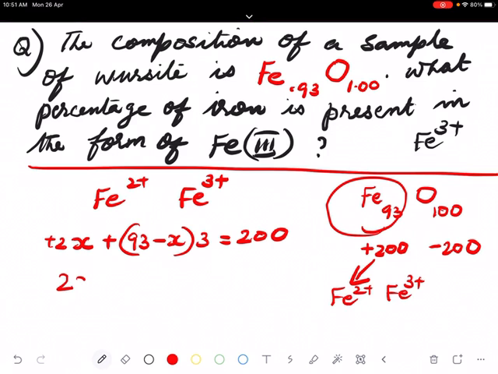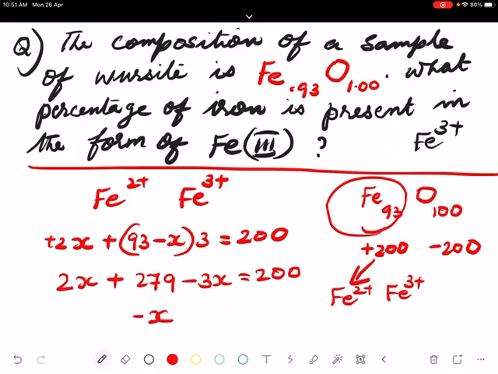So 2x plus 93 into 3, 279 minus 3x is equal to 200.